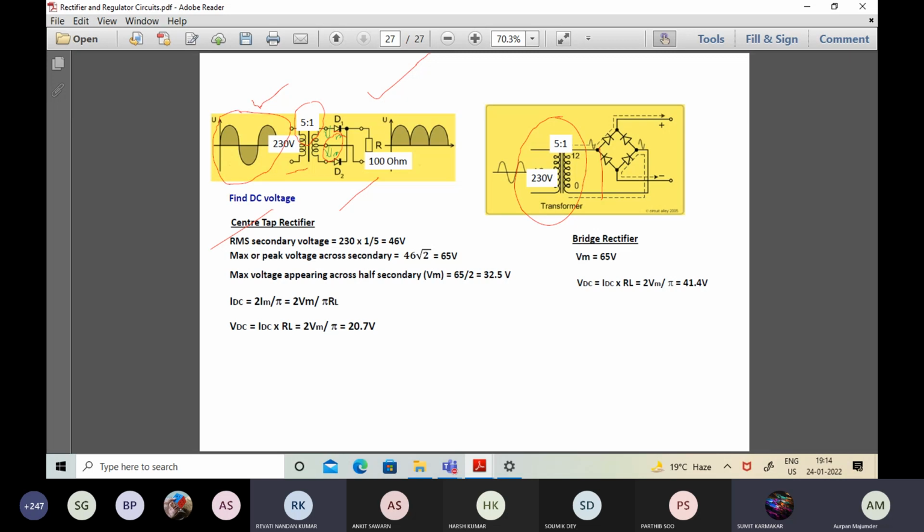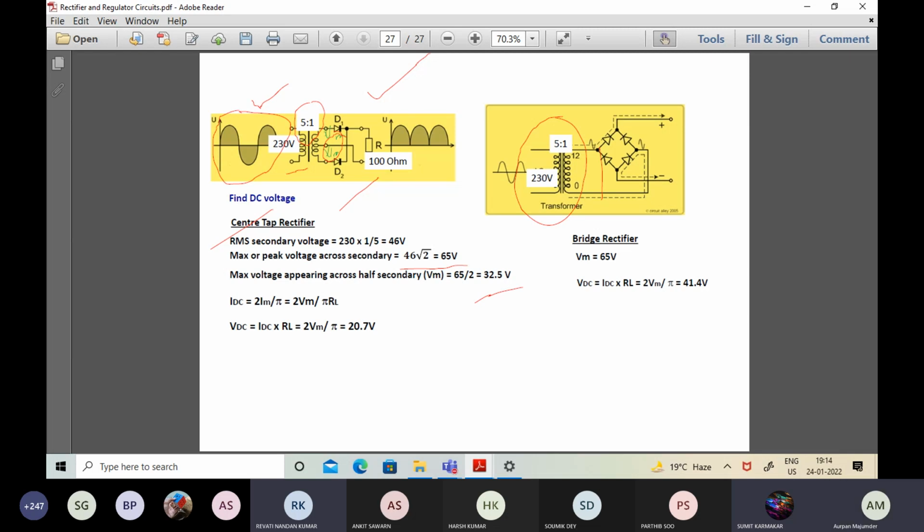Owing to which, the maximal voltage at the secondary terminal in one particular half cycle should be equal to 46 into root 2 for the entire winding, divided by 2, which is equal to 32.5 volts.